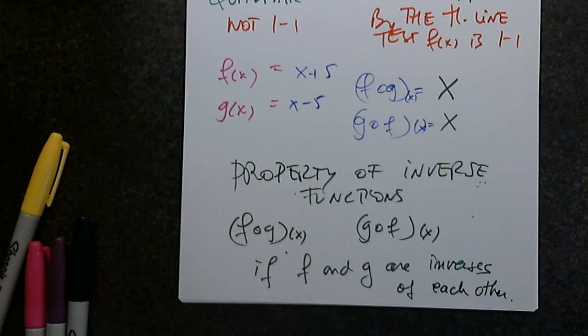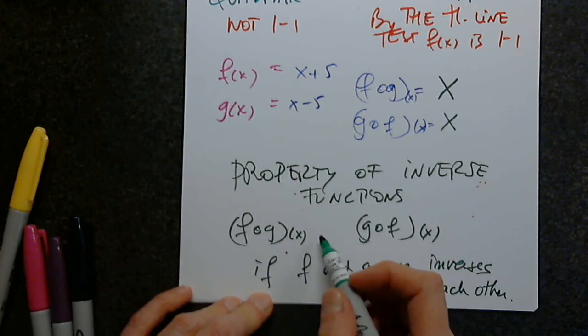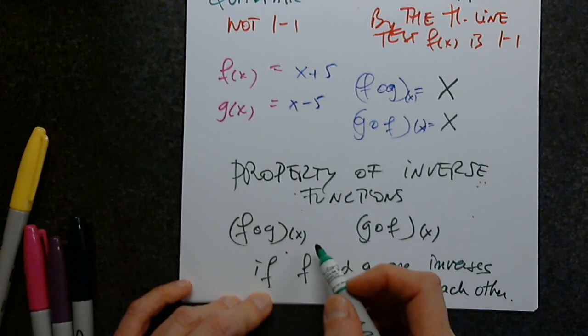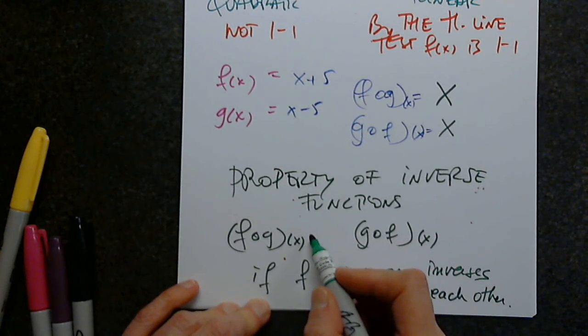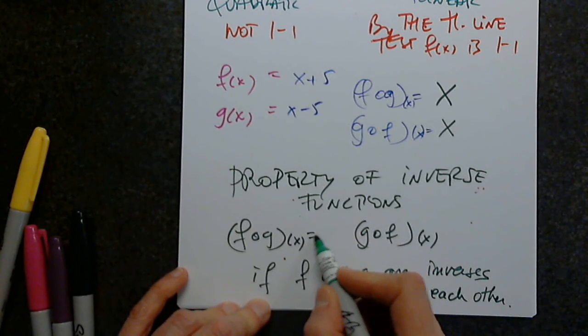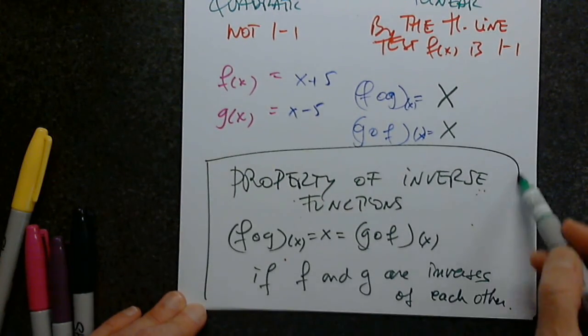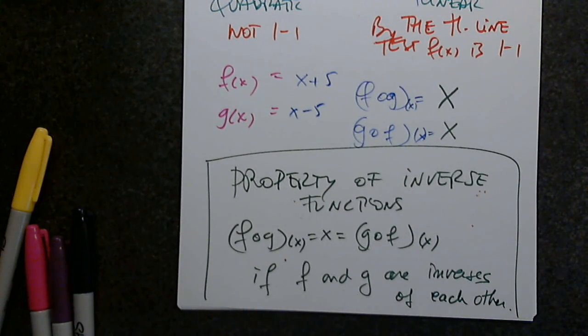I gave her 5 and I took it back. I took 5 from her and I gave it back. Must equal what? I'm waiting for you to tell me what to write. I did not write it yet. And they have to equal each other, and they have to equal what? Right? X. So this is the property of inverse functions. Let's look at two functions.